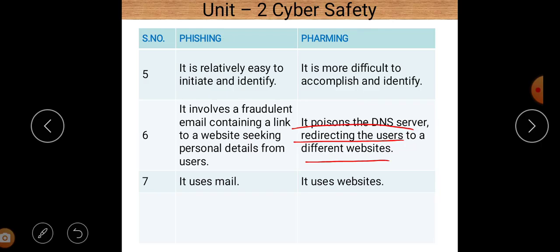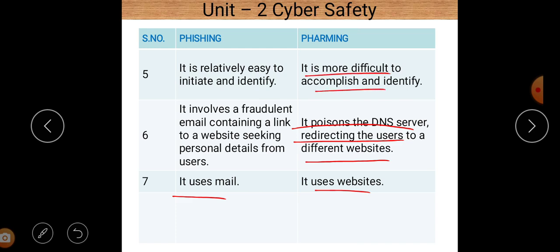That is a case of pharming here. So that is the basic difference between phishing and pharming. And second is, phishing uses mail and pharming uses websites. And phishing is very easy to implement and initiate, but pharming is more difficult to accomplish and identify.